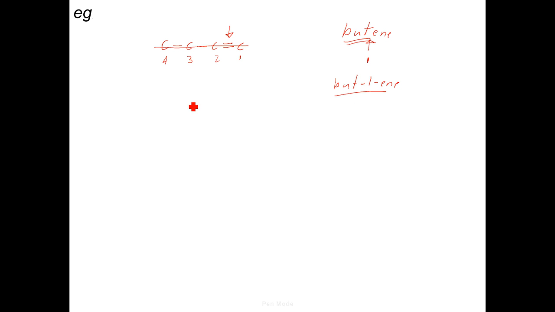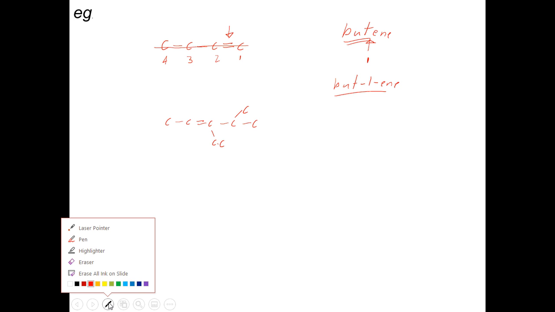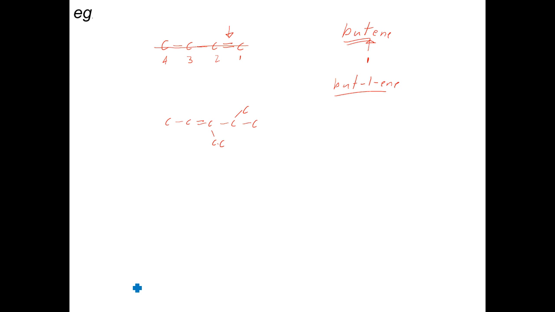How about some branches? What about if we have some branches in here? Let's take 5 carbons. Let's stick a branch up here, and let's stick a branch down here as well. Okay, so for these ones, what takes priority over the branch is now the double bond.